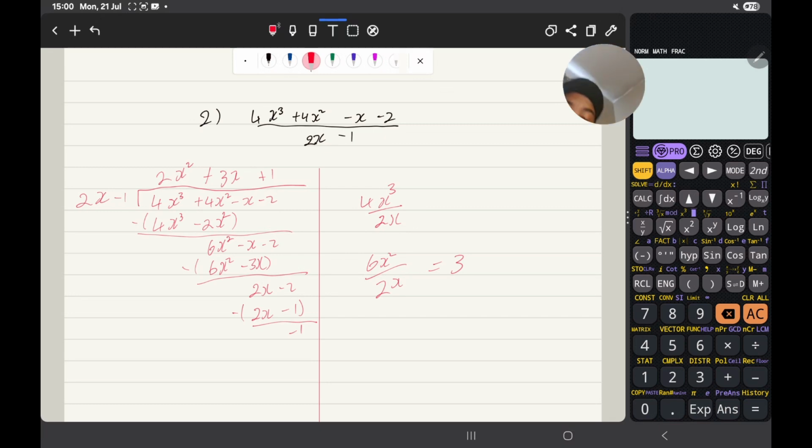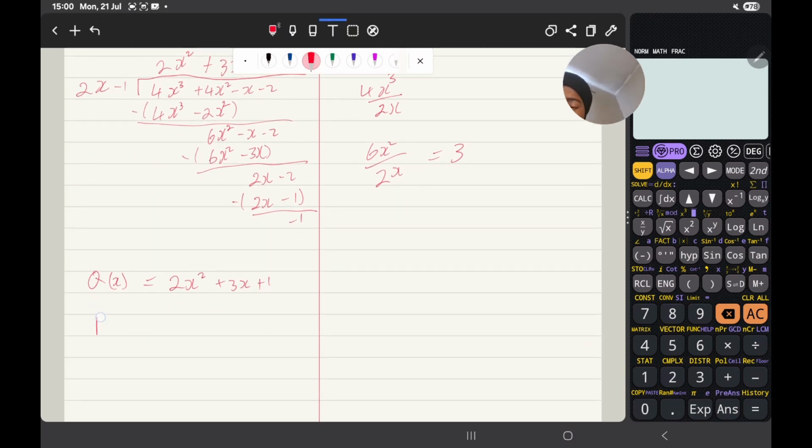That means you have 2x squared plus 3x plus 1, and the remainder is minus 1.